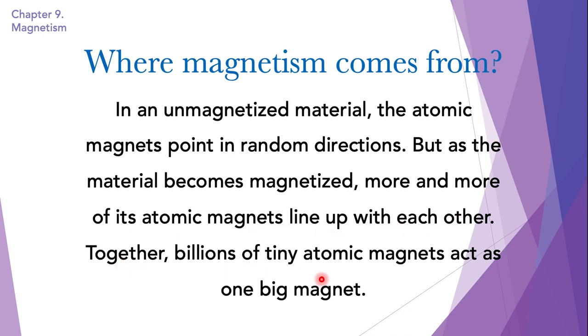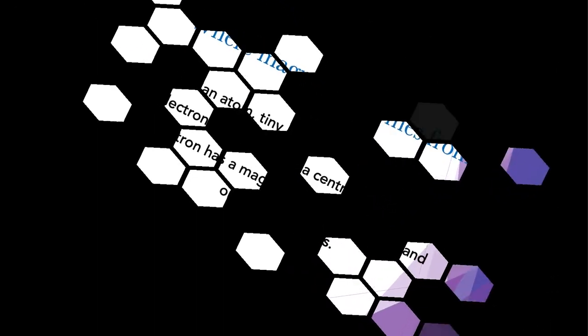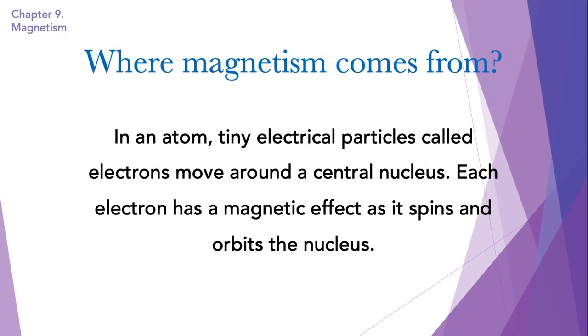Together, billions of tiny atomic magnets act as one big magnet. So if a magnet is hammered, its atomic magnets are thrown out of line, so it becomes demagnetized. Heating it to a high temperature has the same effect, because the material deforms and its atoms go out of line. So this is where magnetism comes from, basically, in tiny atoms.